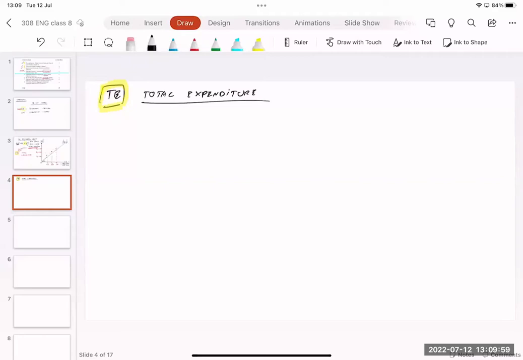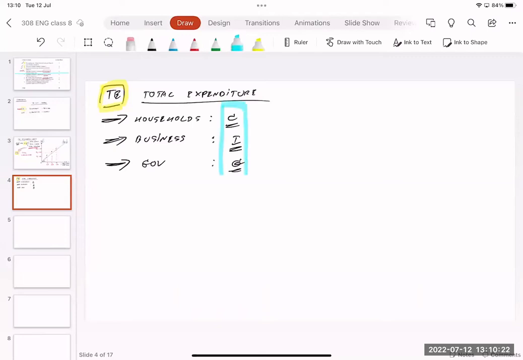They come from, first, the household sector. When the household sector spends on something, we call it consumption, C. When the business sector spends money on something, we call I the investment. When the government spends money, we call G government spending, right? In this chapter, we assume that we're going to focus only on the closed economy.